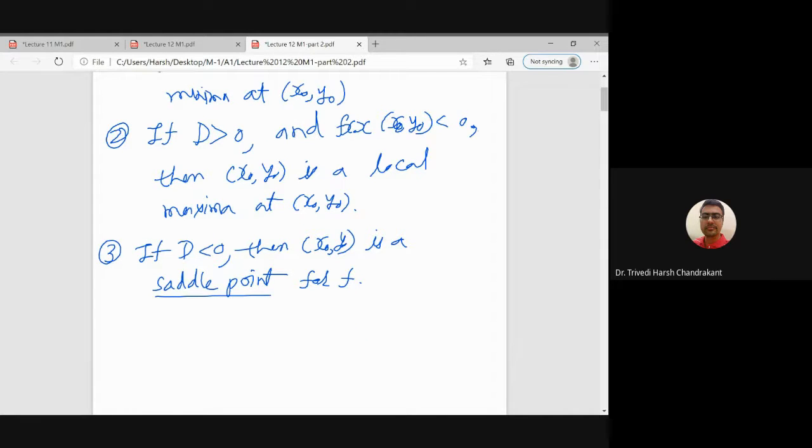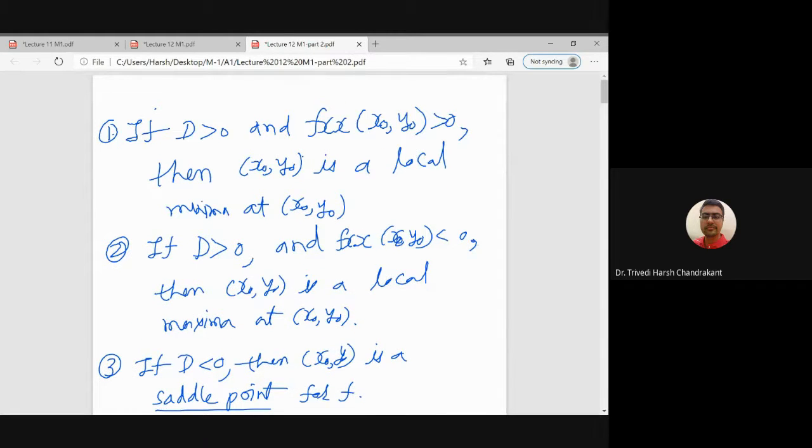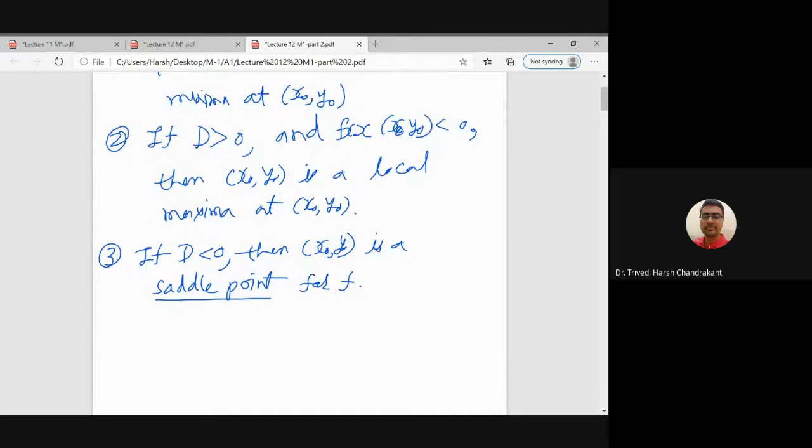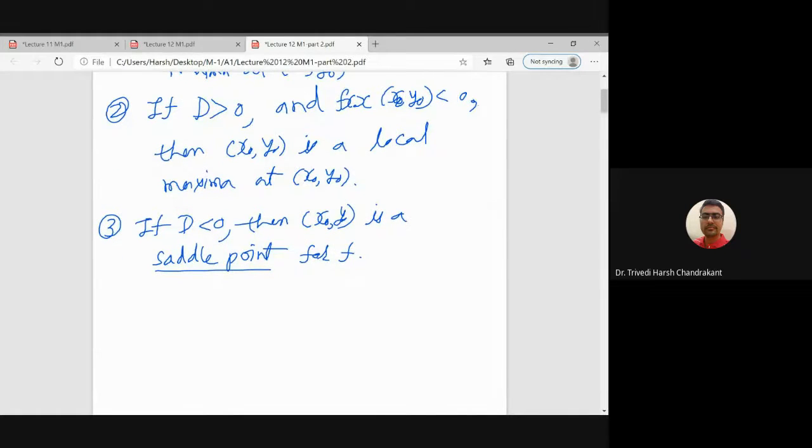Right, so when the discriminant is greater than 0 there are two possibilities: fxx greater than 0, then we have a minimum; fxx less than 0, then we have a maximum. And whenever the discriminant is less than 0, we directly conclude that the function has a saddle point at that point.